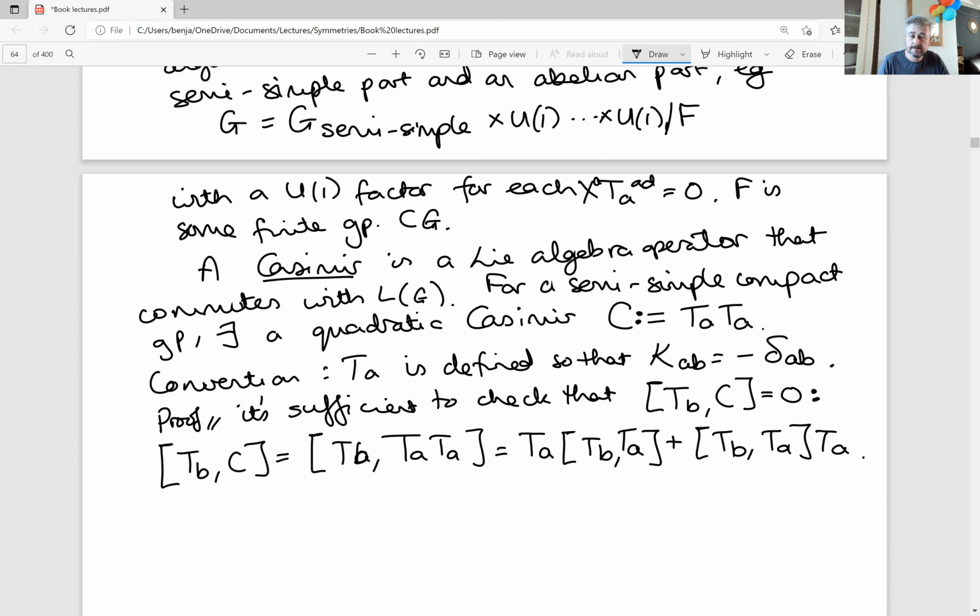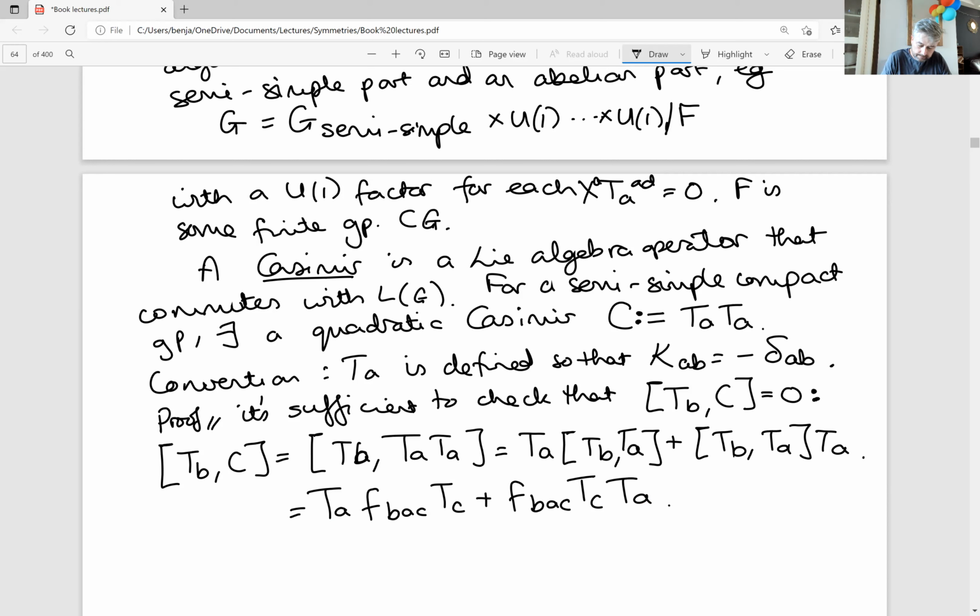And of course, the reason we've written it in that form is because we can use the Lie algebra to calculate these Lie brackets. So this is equal to TA F BAC TC, using this adapted basis form of the Lie algebra, plus F BAC TC TA.